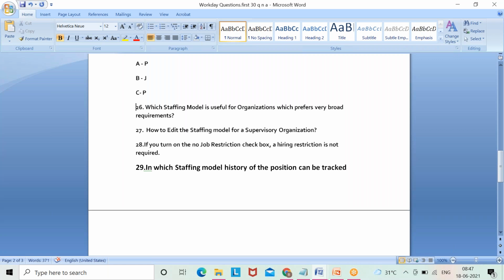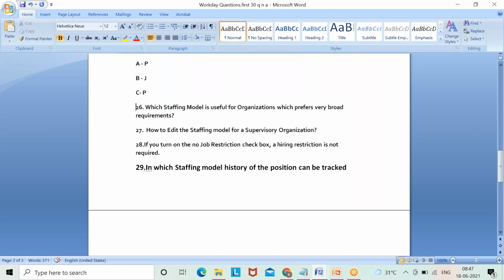How to change, or how to edit, the staffing model for an organization? What are the two options we have? For example, you have selected position management and now you want to change to job management.